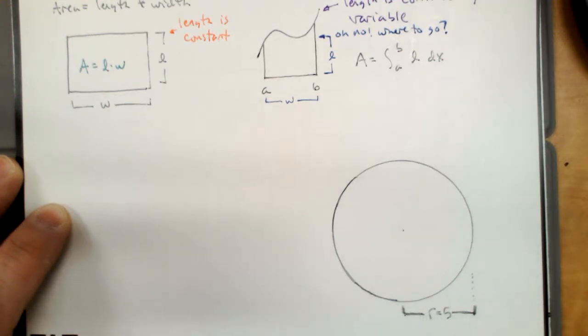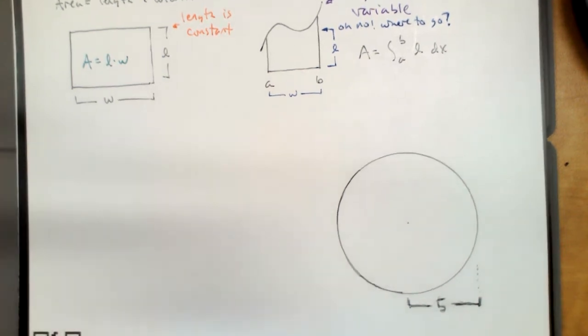I don't want it labeled R. I'll use R as a variable. So we know that the area of the circle is C squared times pi. That's not the point. We're going to do calculus on it.